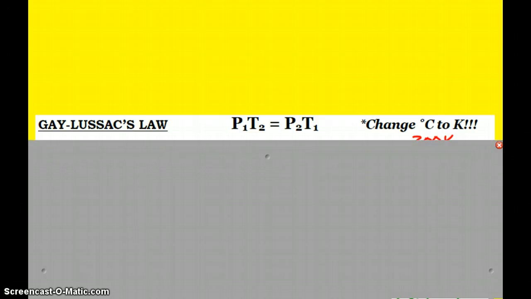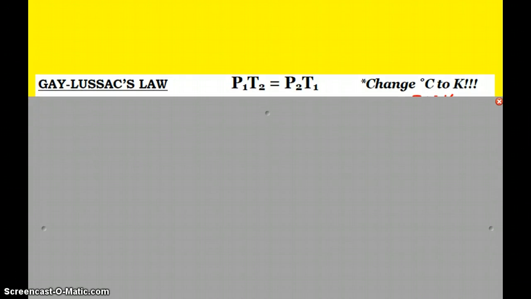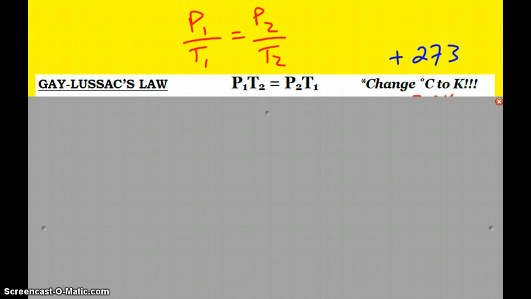Next up, we have Gay-Lussac's law. All right, and again, your choice, but it can also be set up P1 over T1 equals P2 over T2. And again, of course, changing Celsius to Kelvin.